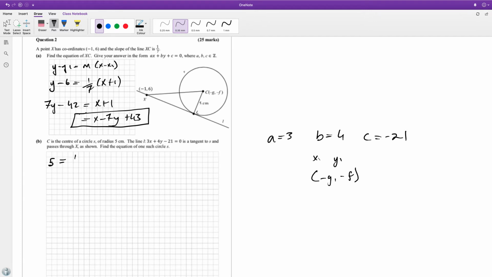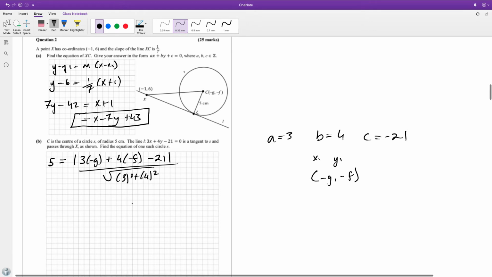So that is the absolute value of 3 times minus g plus 4 times minus f plus minus 21 all over the square root of 3 squared plus 4 squared.